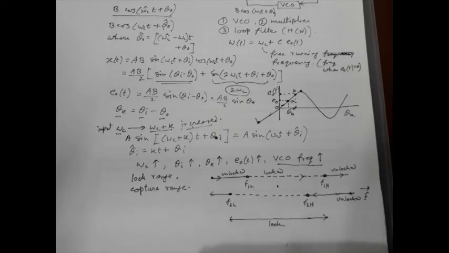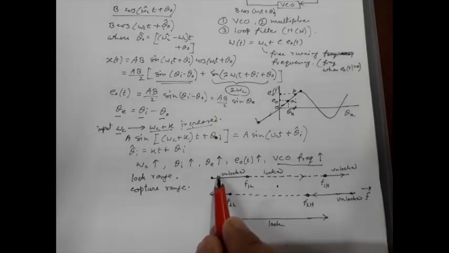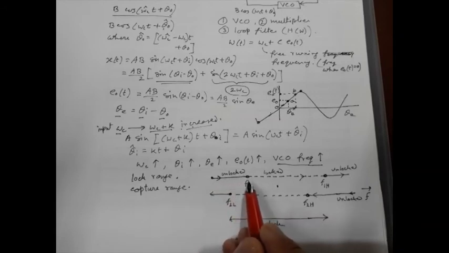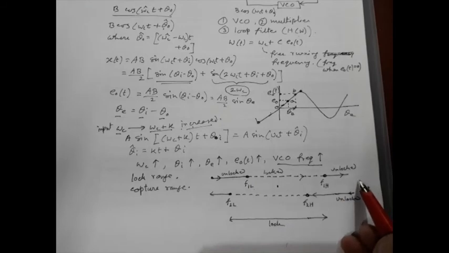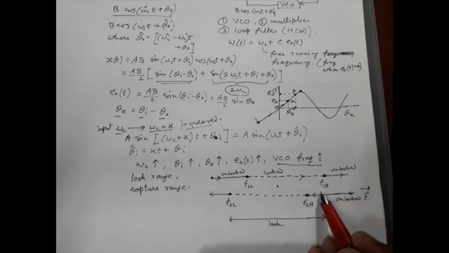Now to understand the capture range, what is that? Starting from the unlocked condition, if we increase the frequency, the first lock condition occurs at frequency f1L, and starting from the unlocked condition from higher frequency, if we reduce the frequency, it will get locked at frequency f2H.